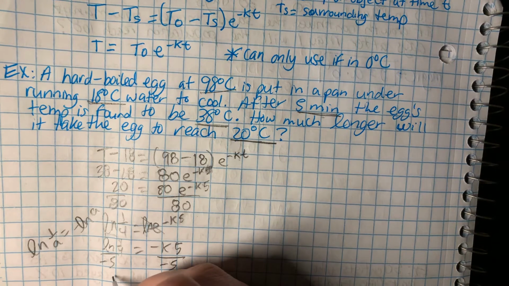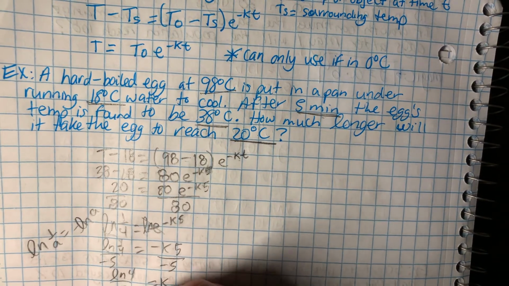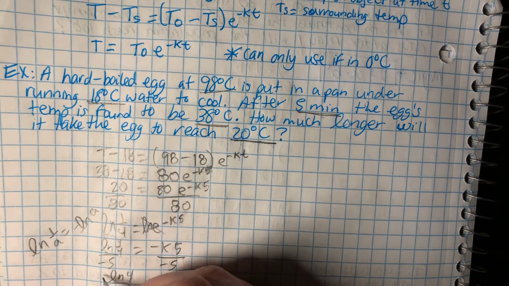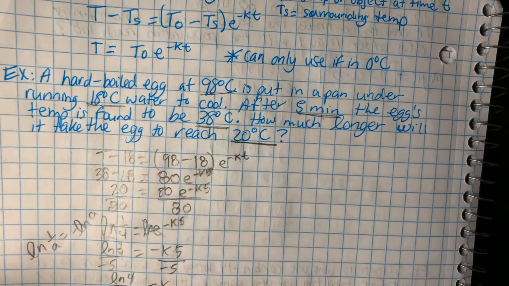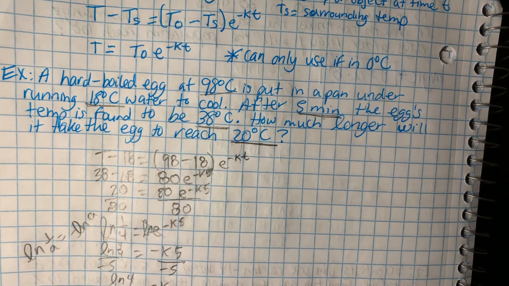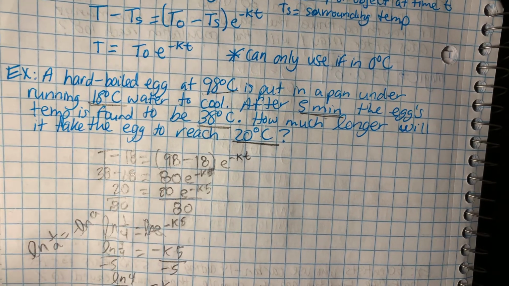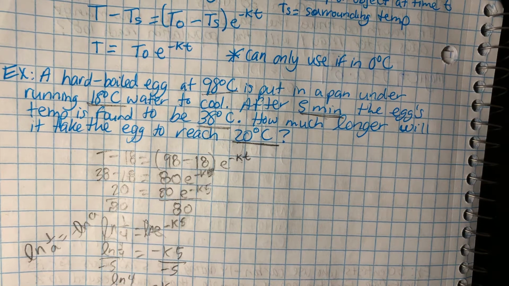We could make this ln of 4/5. That'll pop out a negative and a negative, so those will go away. That's going to be what our K is. Do not round. You need to use this number. If you don't use this number, then you're going to potentially throw off your time. So that's our K.